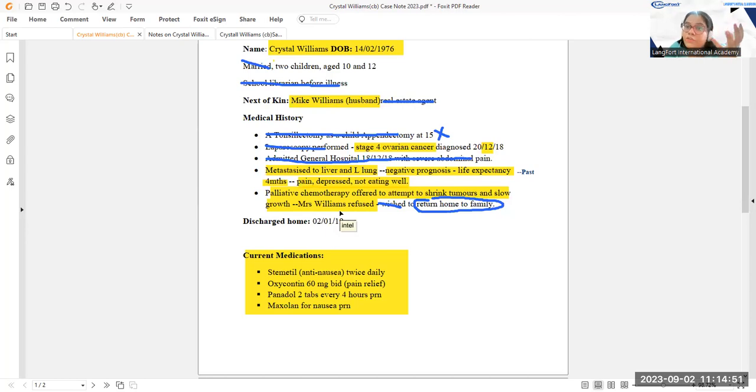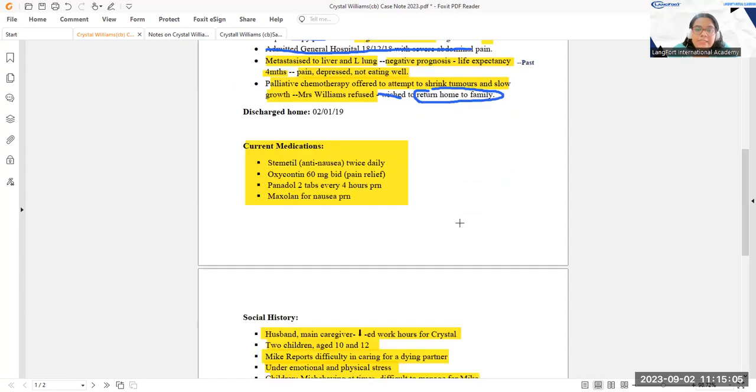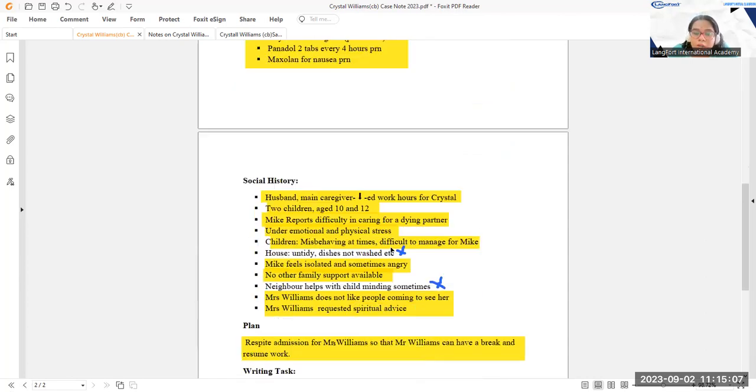Think about the content of the introductory paragraph and tell me what will logically blend well with it. Should I mention current medications, the prognosis, chemotherapy, or social history? Which one would be appropriate?